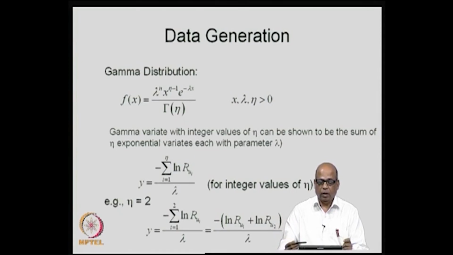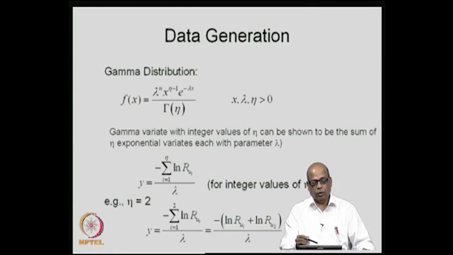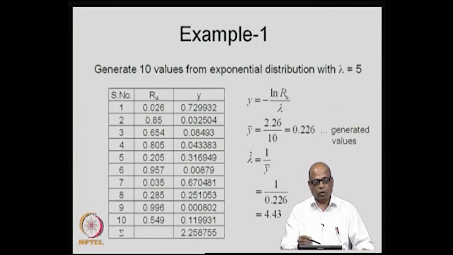So, for example, y, which is a gamma variate we want to generate, is the sum of minus log ru_i by lambda, for i equal to 1 to eta. What is this minus log ru by lambda? Just now we saw for exponential distribution that the expression is minus log ru by lambda. So, we use this exponential variate and sum it eta number of times.